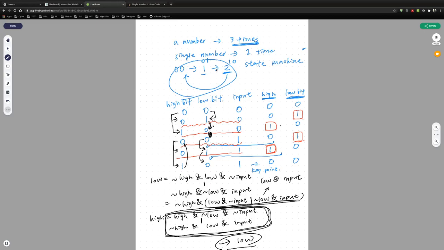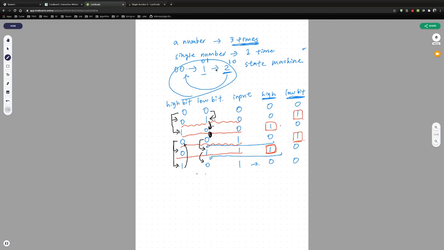And erase it. And we will take our low bit to here, 0 1 0 1 0 0.